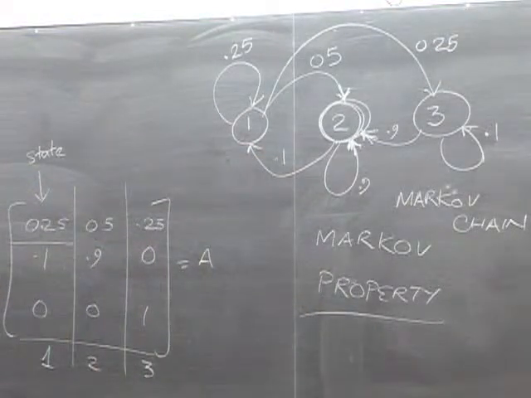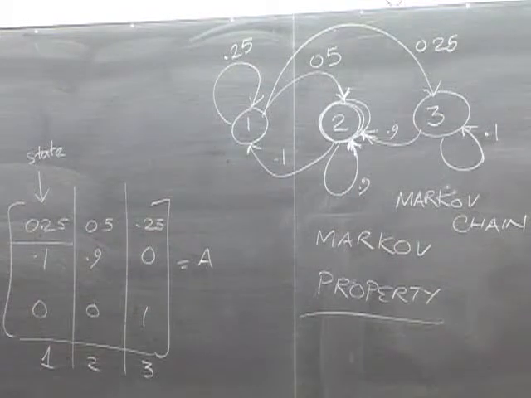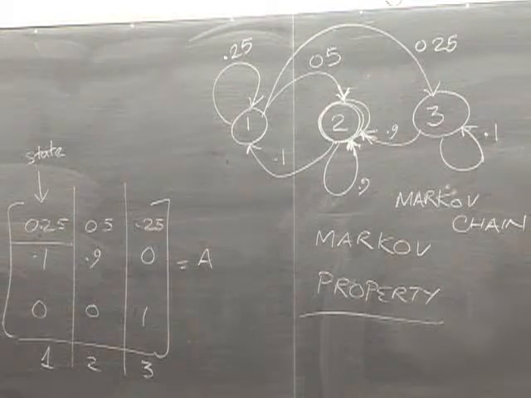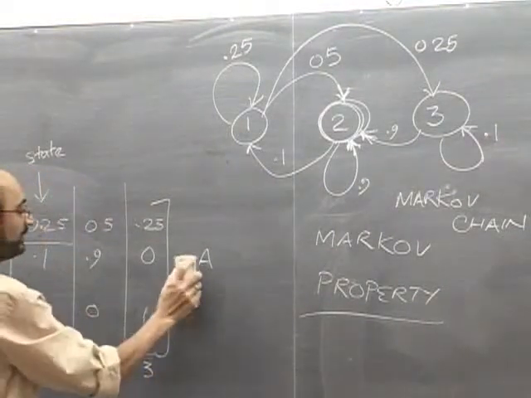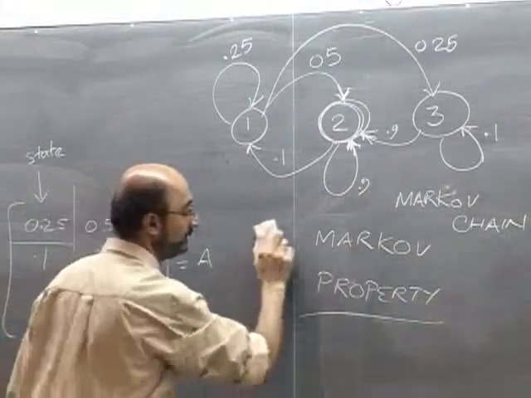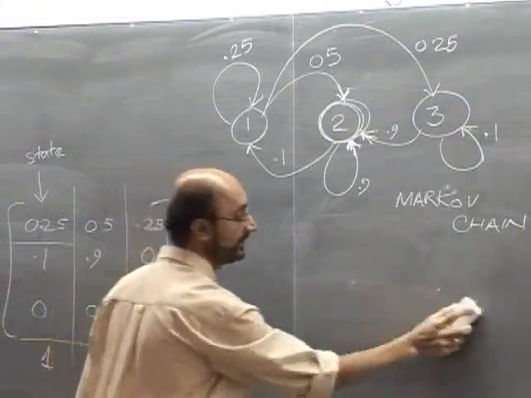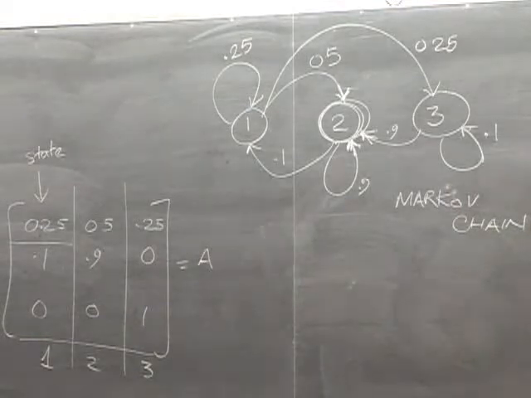I'm going to do one more thing, then I'll stop, which is how do we actually use this matrix in computing some things? I've showed you this, but we're almost there. Let's call this matrix A, and what I want to do is use this matrix to compute these transition probabilities.